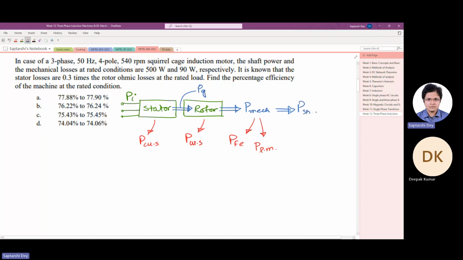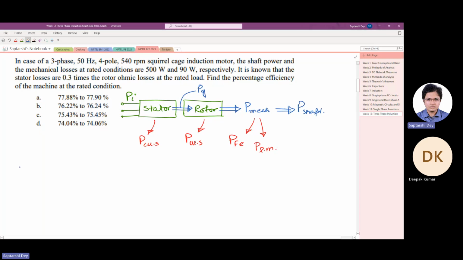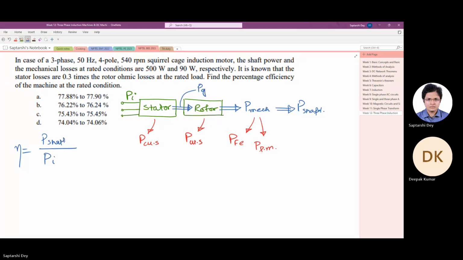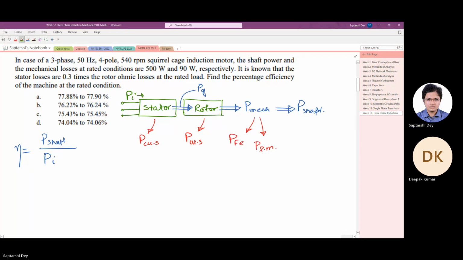This is what we get at the shaft of the induction motor. Now the efficiency is definitely the output, which is the shaft power, by the input power.